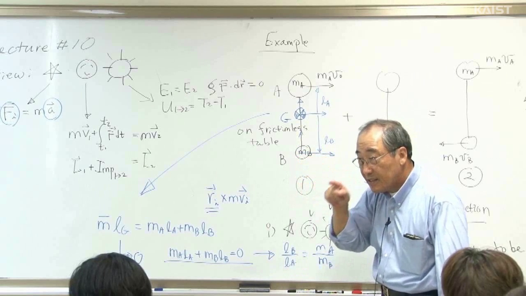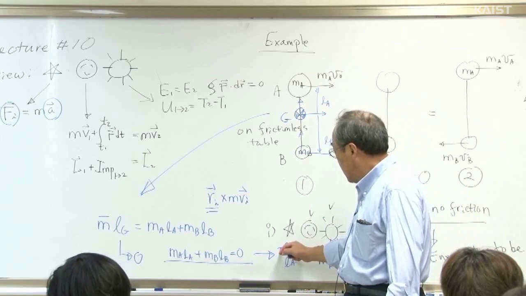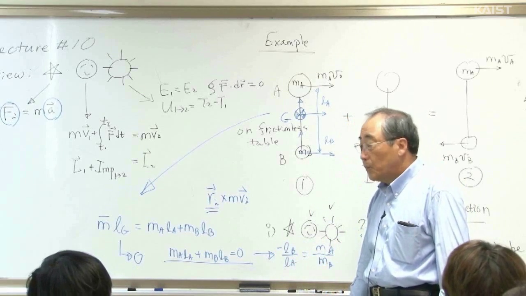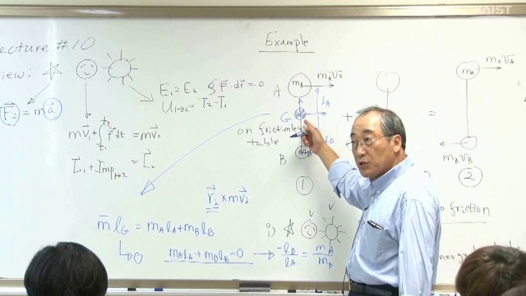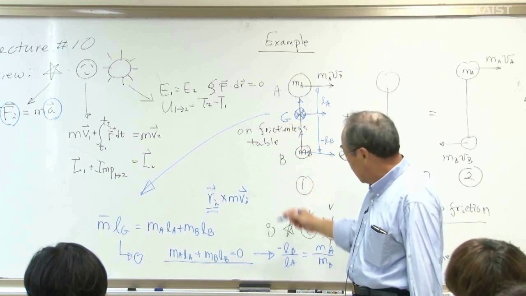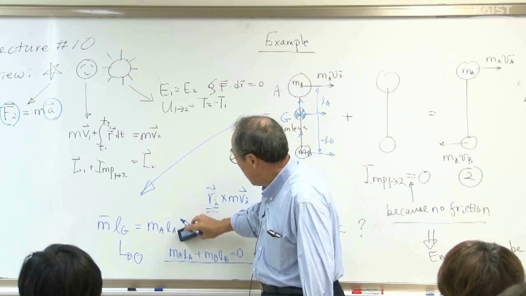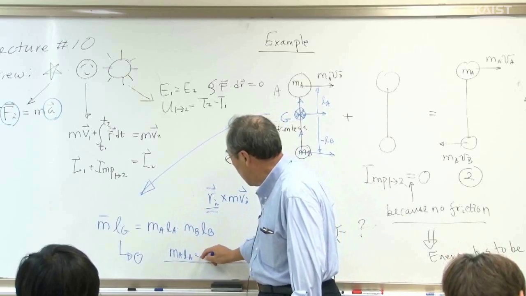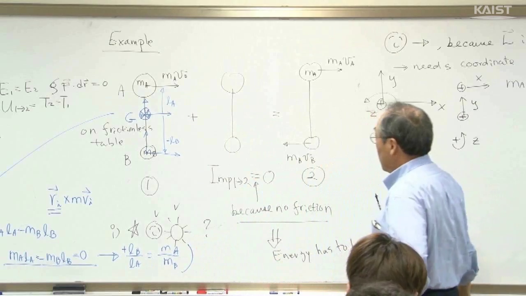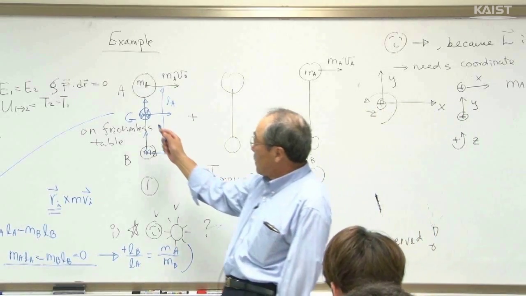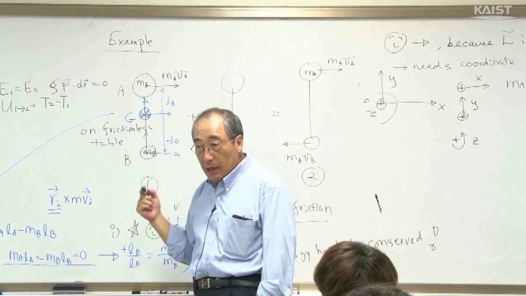Does it make sense? Minus. Wow, minus. Okay. So that should be minus because I am measuring from this point, right? So that should be plus, and that has to be minus and minus. So that's good. That's good. So we do know what it means by G and what it means by L_A, L_B.